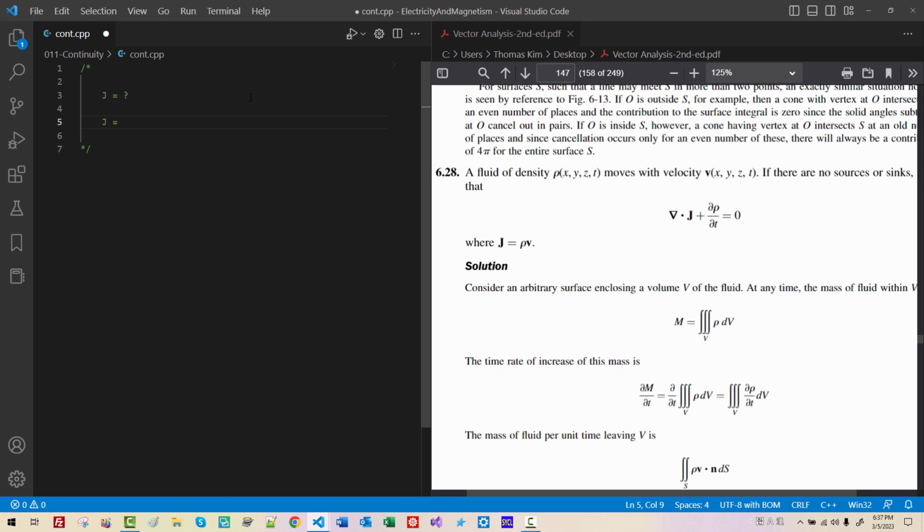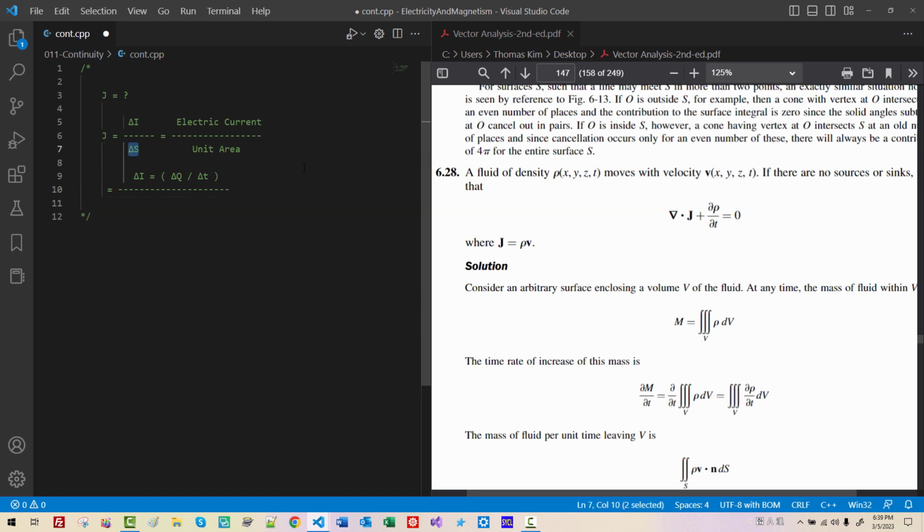J is delta I over delta S, or electric current over unit area. So delta I represents electric current that is passing through unit area delta S, or electric current I is delta Q, electric charge, over delta T, the time.